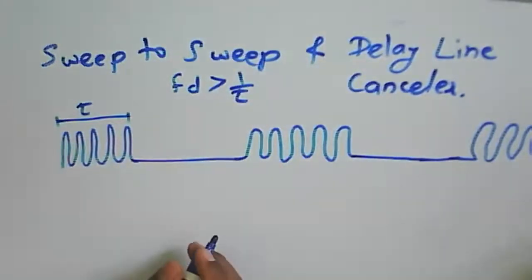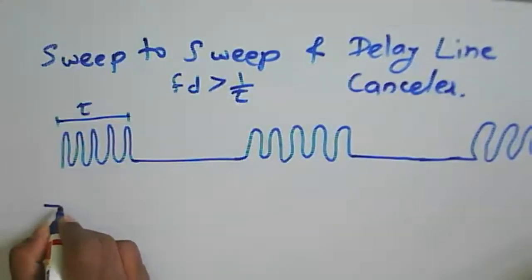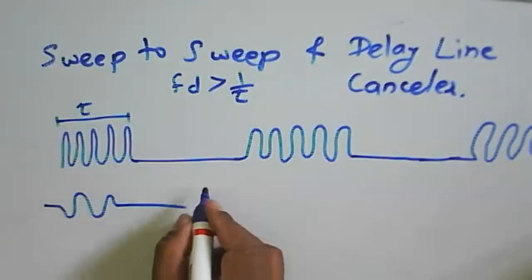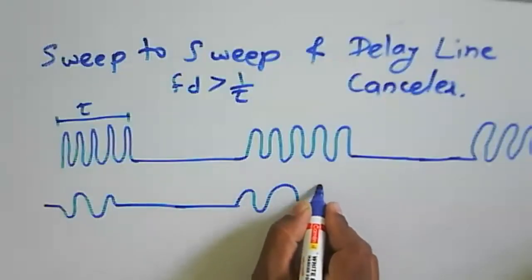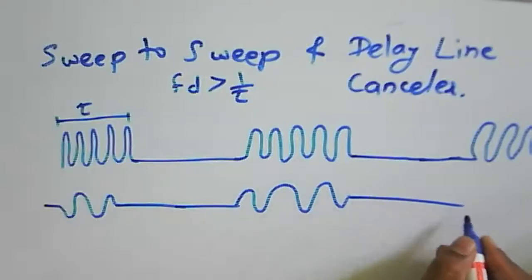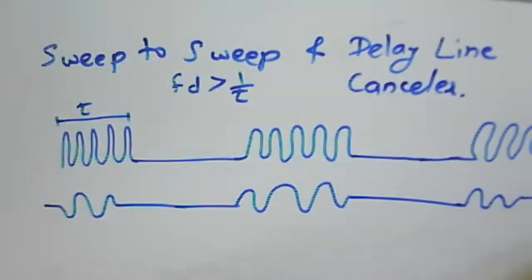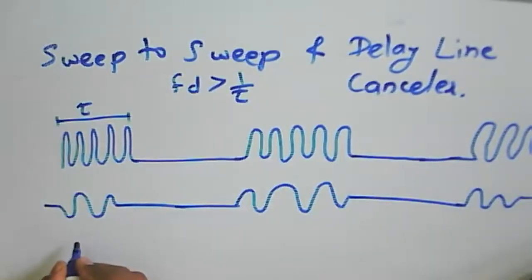FD is to be greater than 1 by 2. In that case, the pulses we are receiving have the given width. Likewise, these are the pulses we are getting.